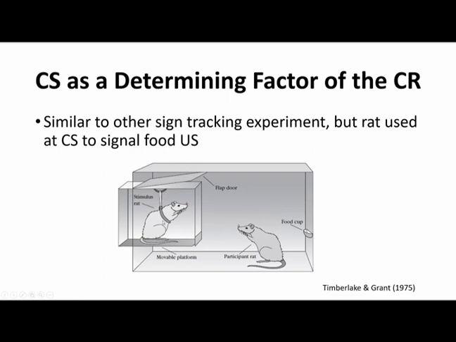And then we have a rat. This is our conditioned stimulus. And so if our conditioned response would match our unconditioned response, then we would expect behaviors associated with eating. So maybe we would expect our participant rat to bite or lick or something like that to this stimulus rat.